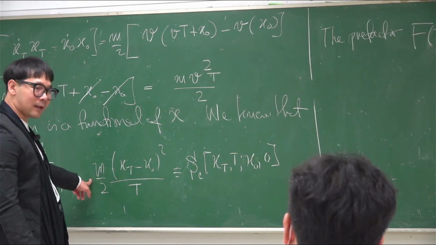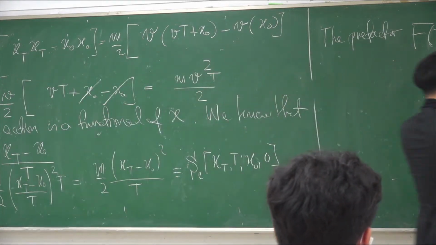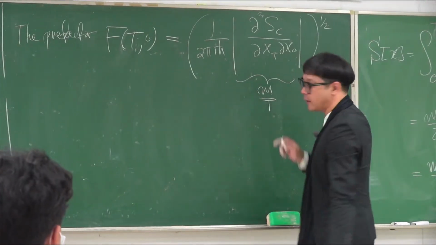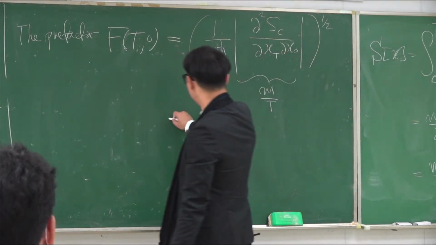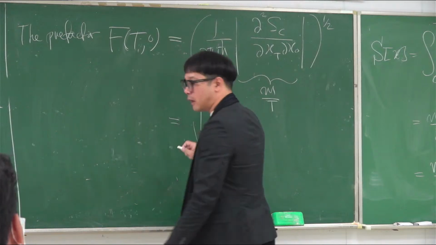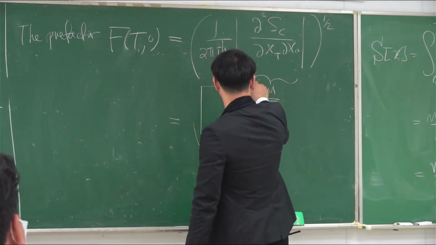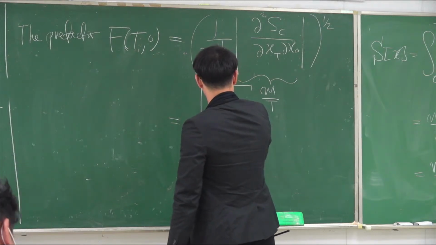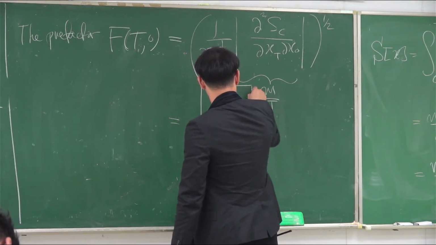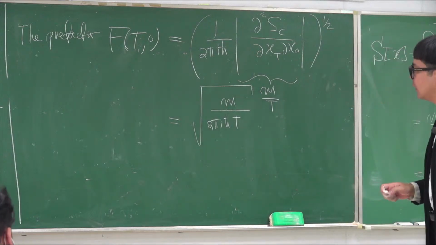Actually, you get a minus, but this is absolute. Then you can put it in t. Is that clear? Okay, so you get this. This is your prefactor.